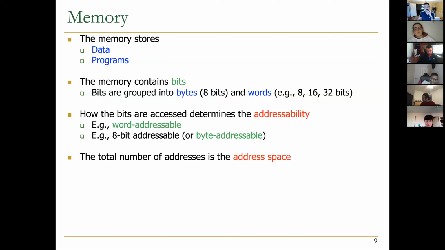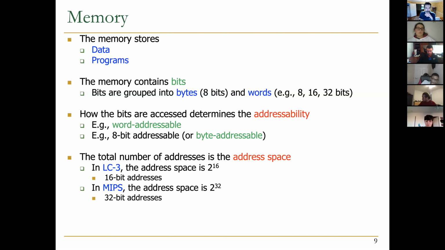The total number of addresses obviously depends on the address space. In LC-3, we have 16-bit addresses, so the total size of the address space is 2^16.